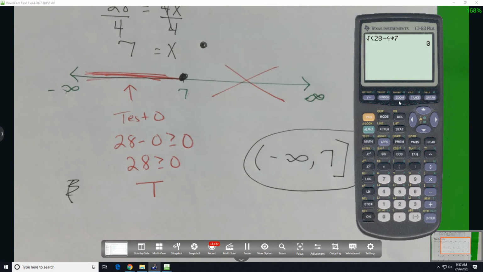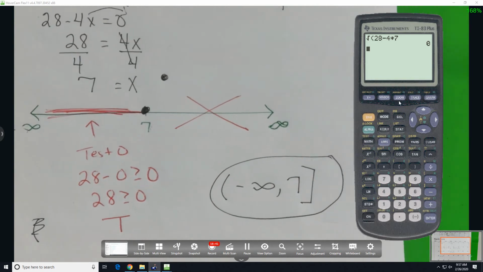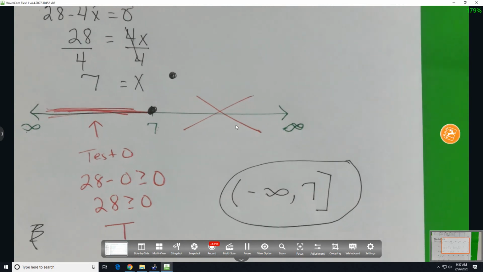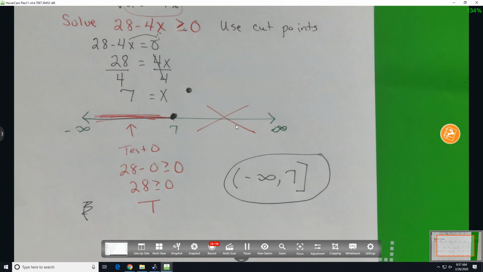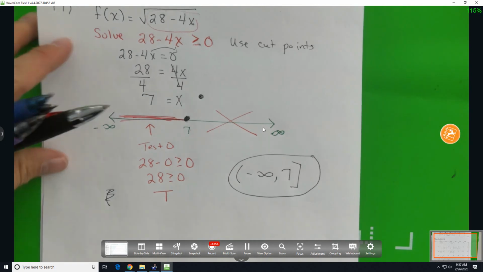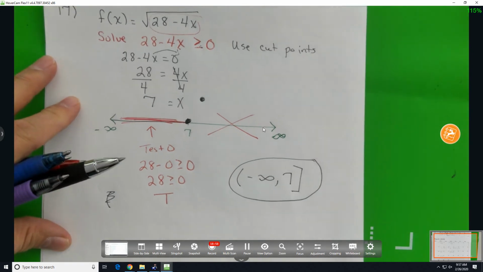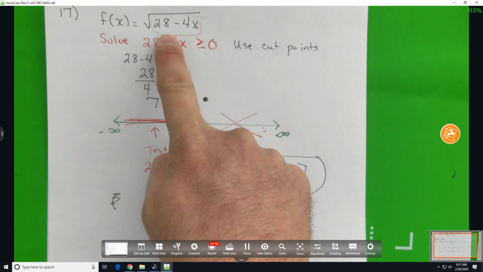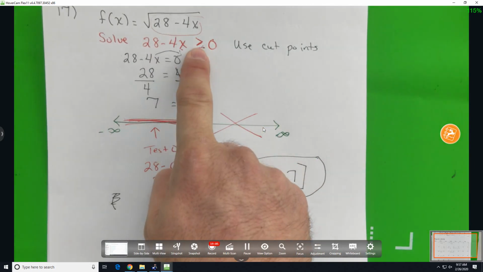Let me see if I can get the whole problem showing on the screen. To find the domain when you have a square root, take what's under the square root symbol and use cut points with greater than or equal to 0.